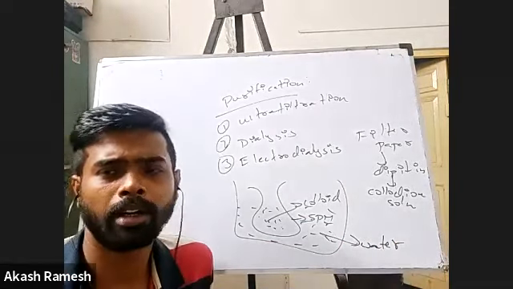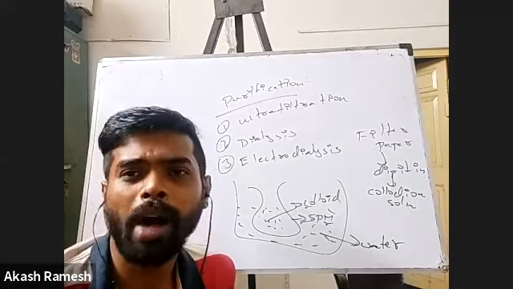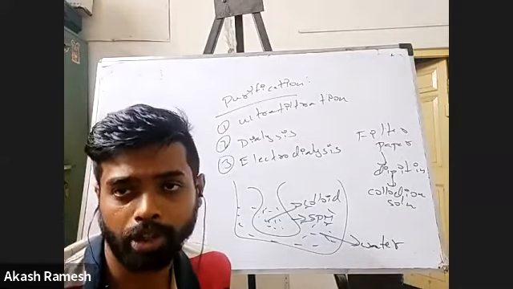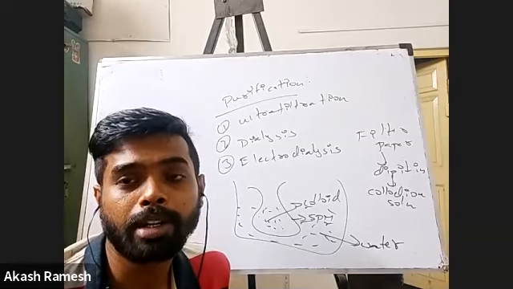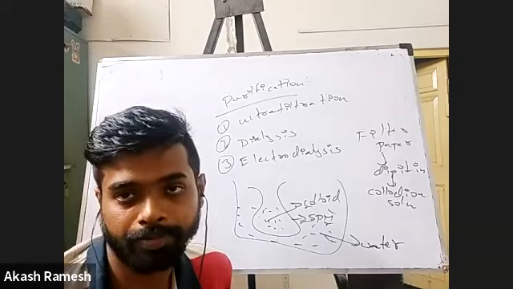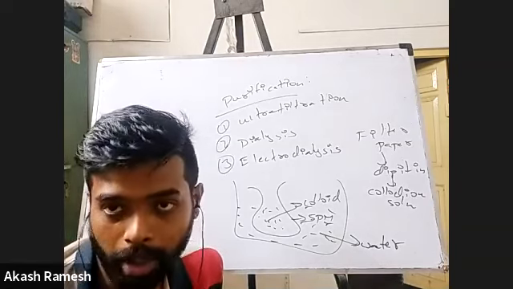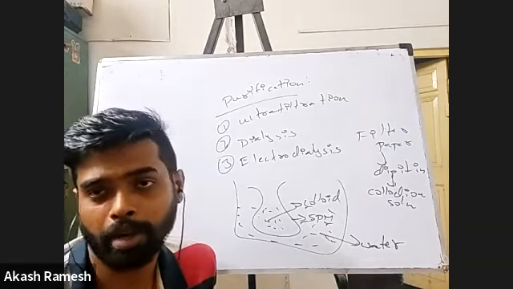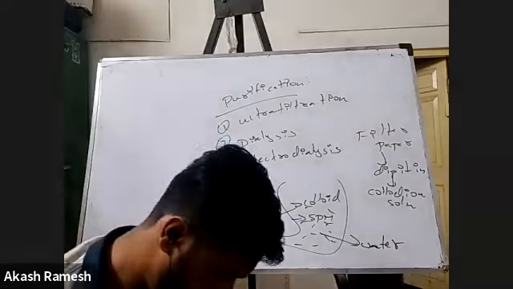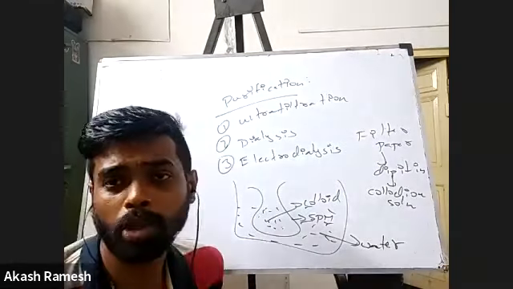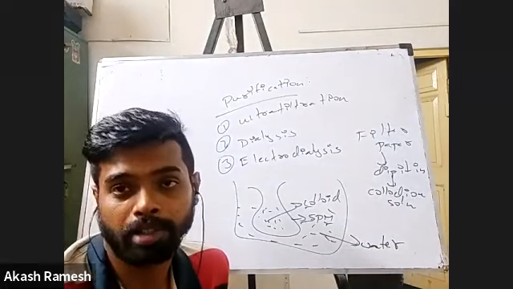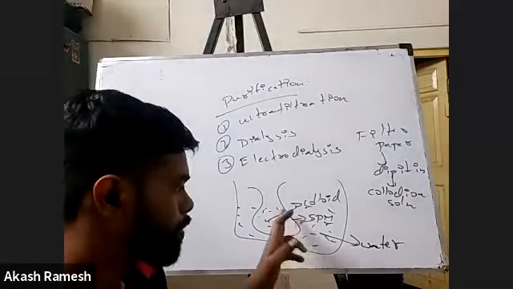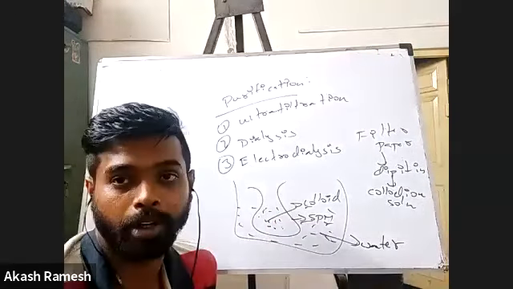Now, what you have to understand is what kinds of impurities we have in colloidal solutions. We are going to have impurities in the form of other ions. Say, for example, it's a silver salt, I might have some sodium ions, chloride ions, or magnesium ions, and so on and so forth. These are going to be the impurities. So what is going to happen? Through a semi-permeable membrane, osmosis can happen.